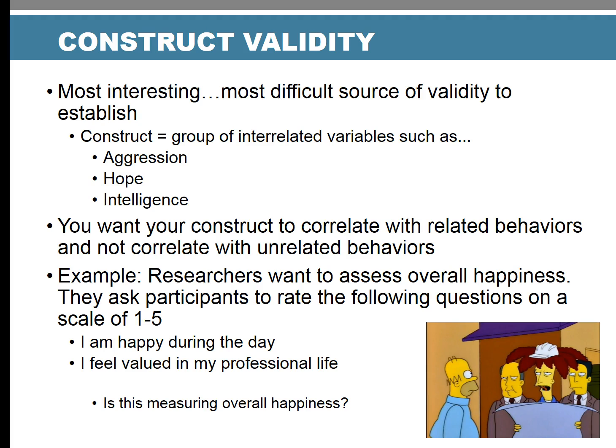Well, let's look at the questions a little bit closer. The first question, I am happy during the day. The second question, I feel valued in my professional life. Both these questions are asking about happiness during working hours, and so they really could be measuring job satisfaction instead of overall happiness.